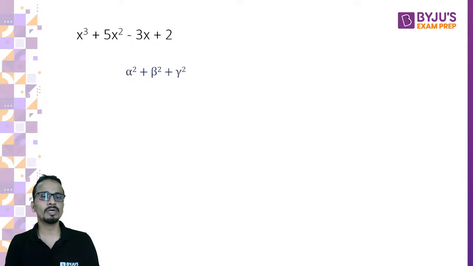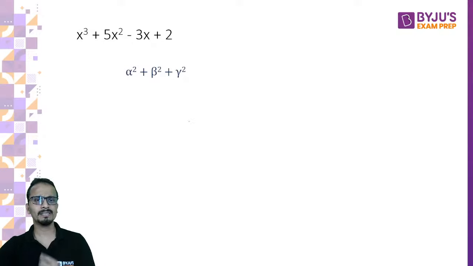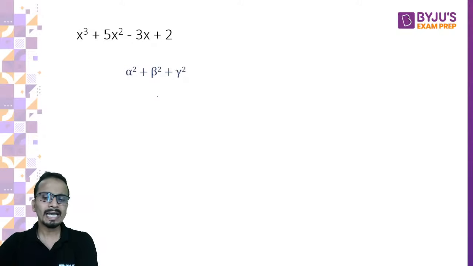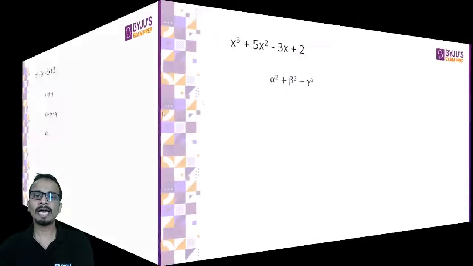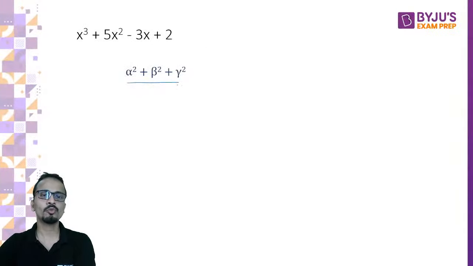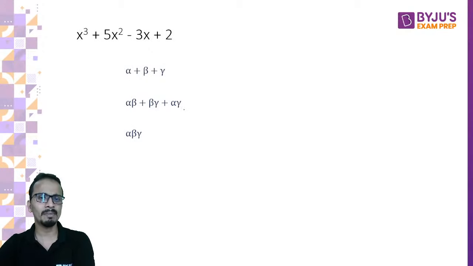I'll express alpha square plus beta square plus gamma square in the form of alpha plus beta plus gamma, or alpha beta, beta gamma, gamma alpha, or alpha beta gamma, because I can directly write the values of all three.